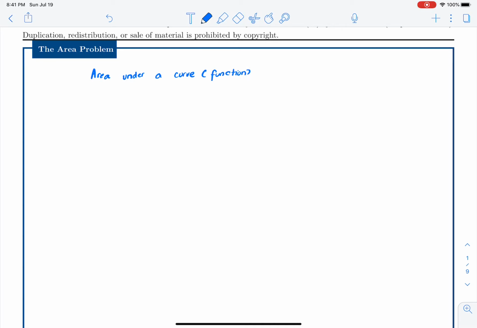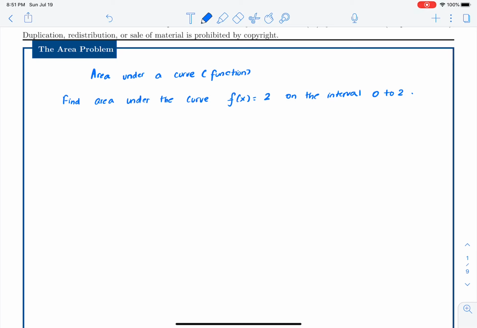So I'm going to start with something very fundamental. Let's say we want to find the area under the curve f of x is equal to 2 on the interval 0 to 2.